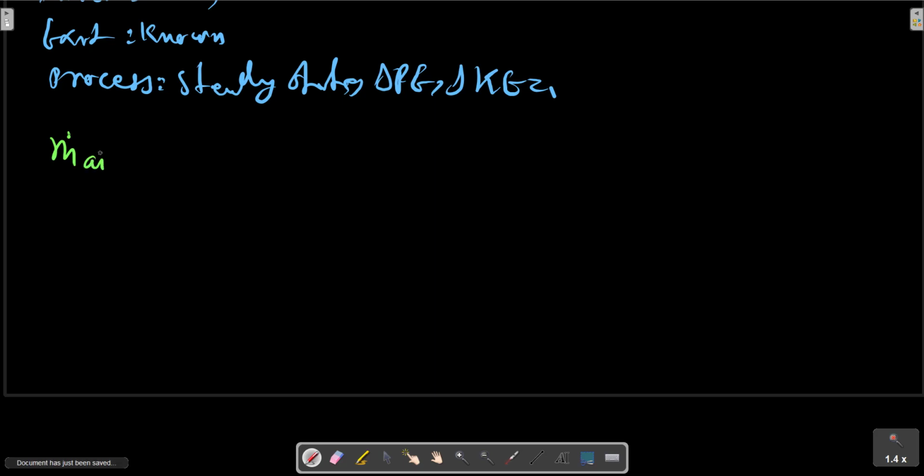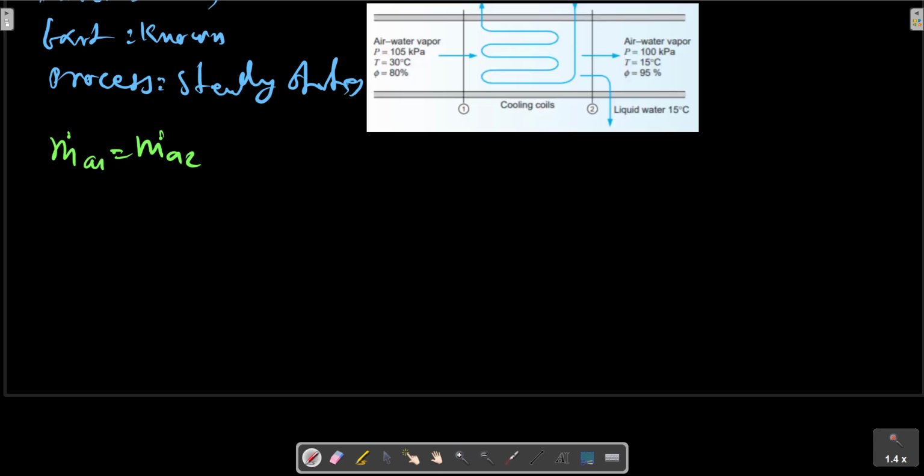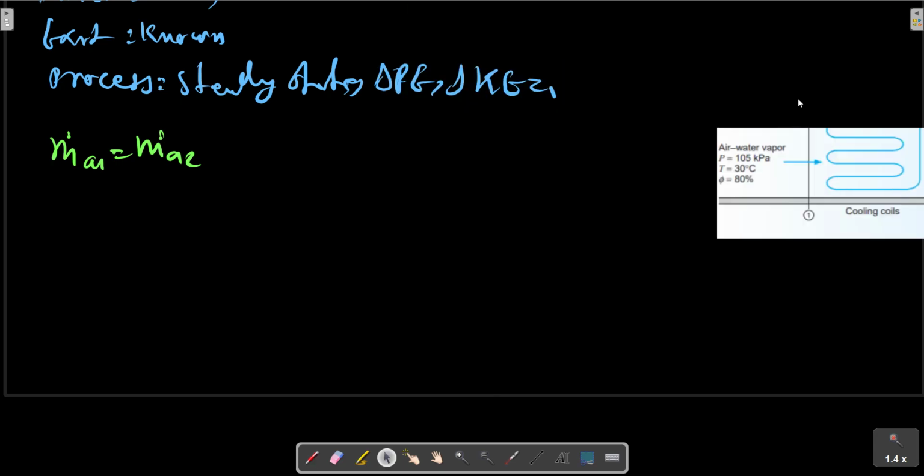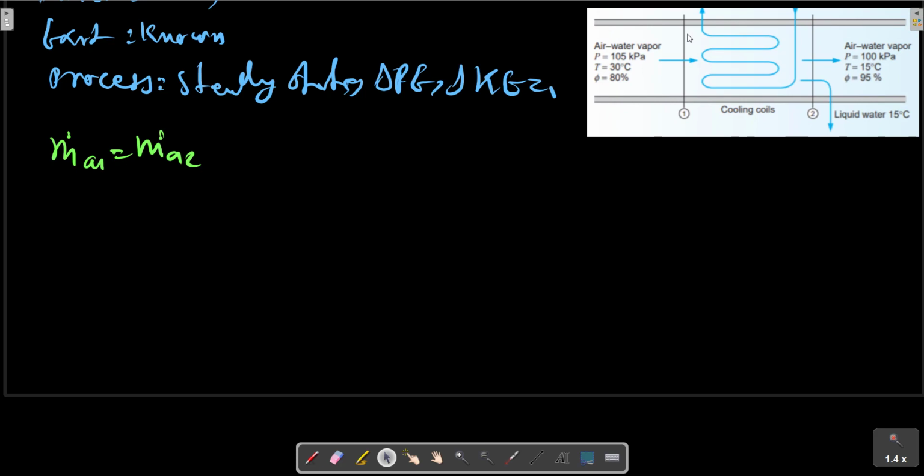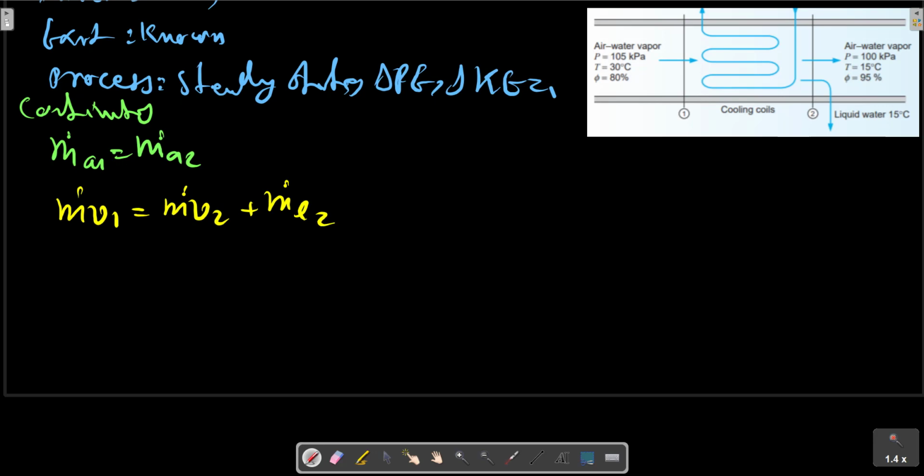So m dot A1 equals m dot A2, and for the vapor, m dot V1 equals m dot V2 plus m dot L2, which exits from this point.